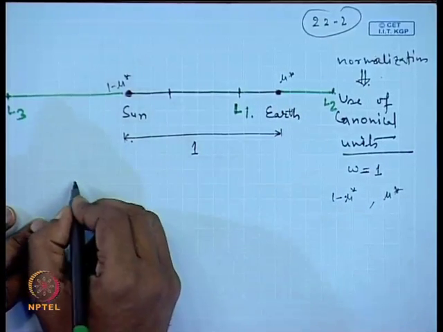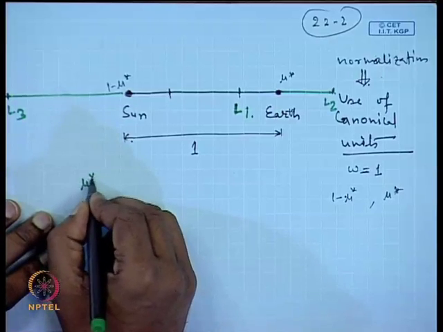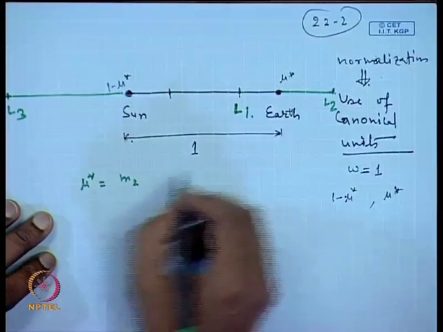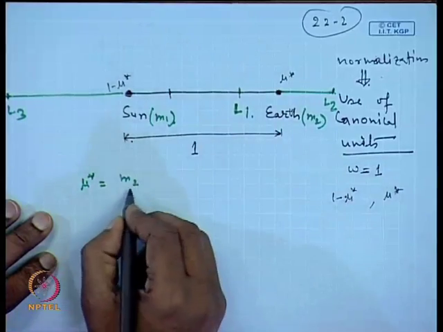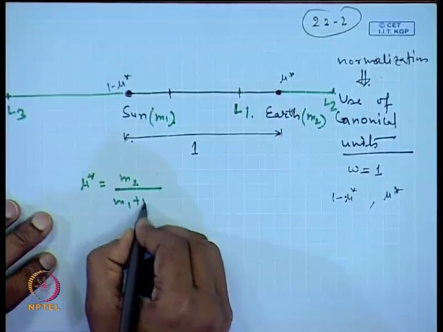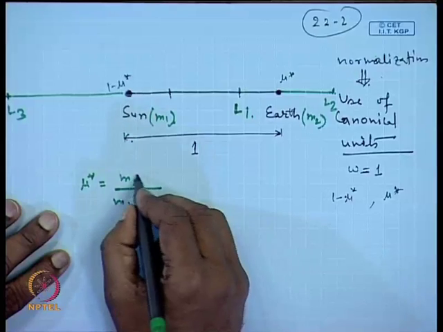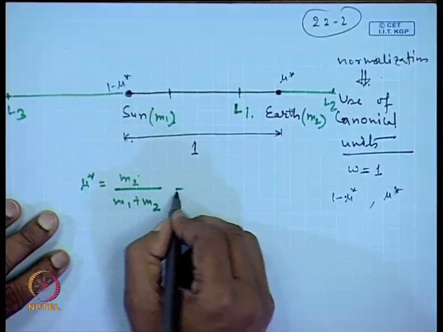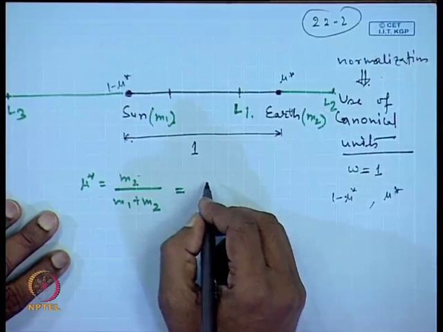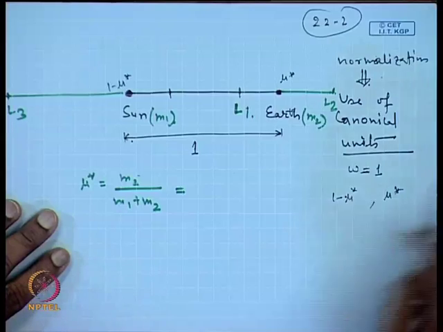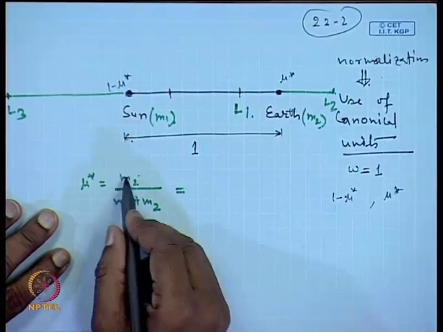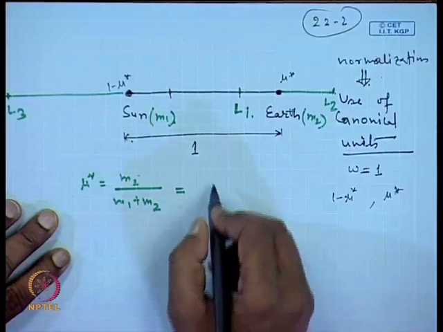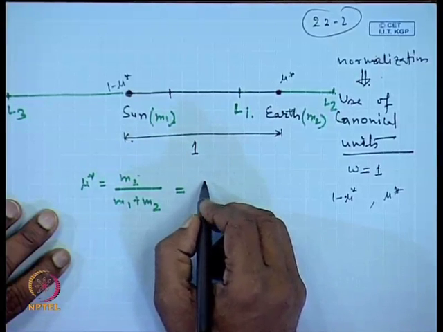Now, for the Sun Earth system, mu star is m 2 by m 1 plus m 2, where m 2 is the mass of the earth and m 1 is the mass of the sun. Earlier I discussed how much the mass of the sun and the earth is, so we can use those values.